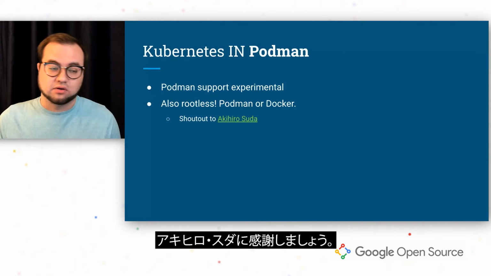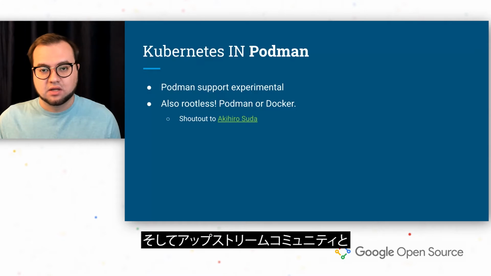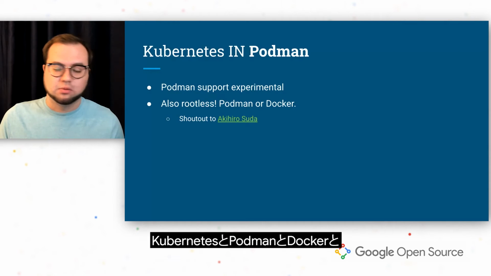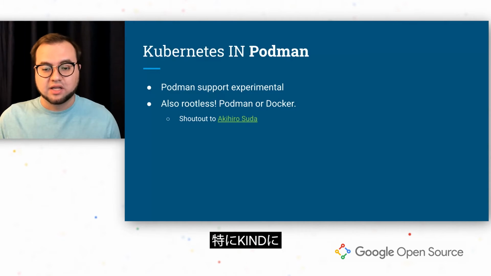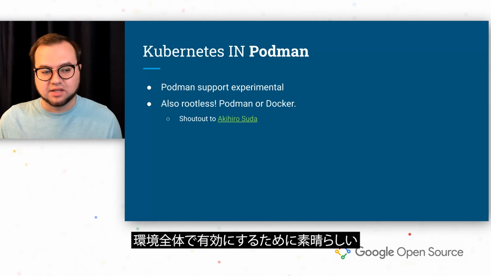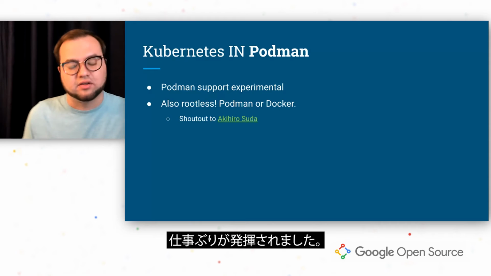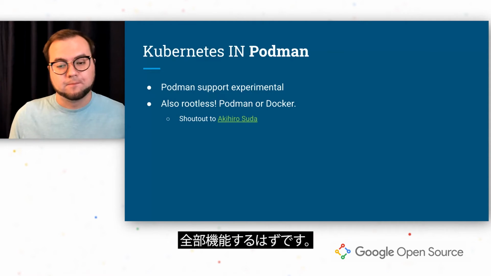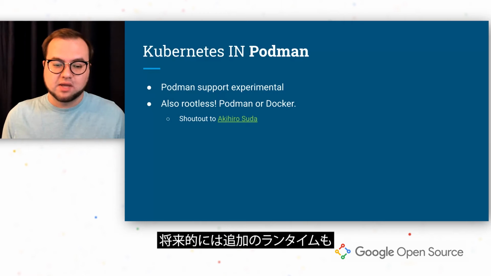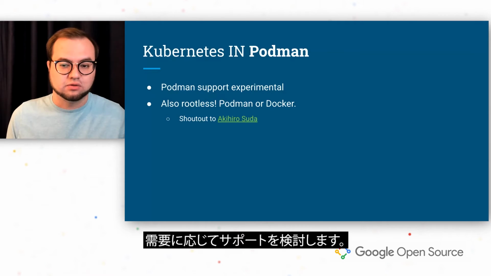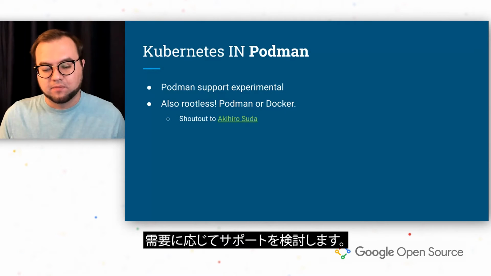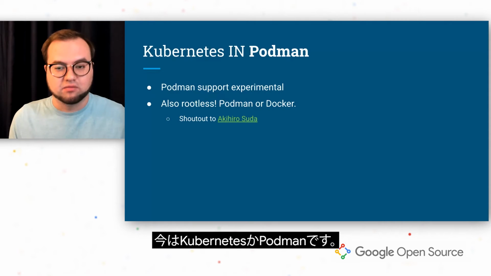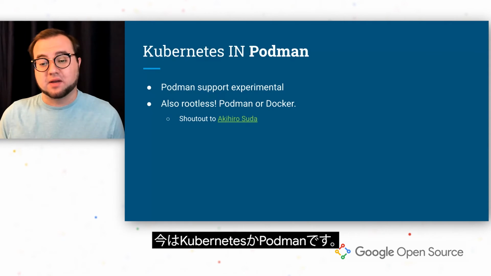Shout out to Akira Sudo for working on this in the upstream community in Kubernetes and Podman and Docker and Kind in particular. This is some pretty cool work that has landed recently to enable this throughout the entire ecosystem. So if you have rootless installs, everything should just work now. And in the future, we may consider supporting additional runtimes as we see demand. But for the moment, Docker or Podman.